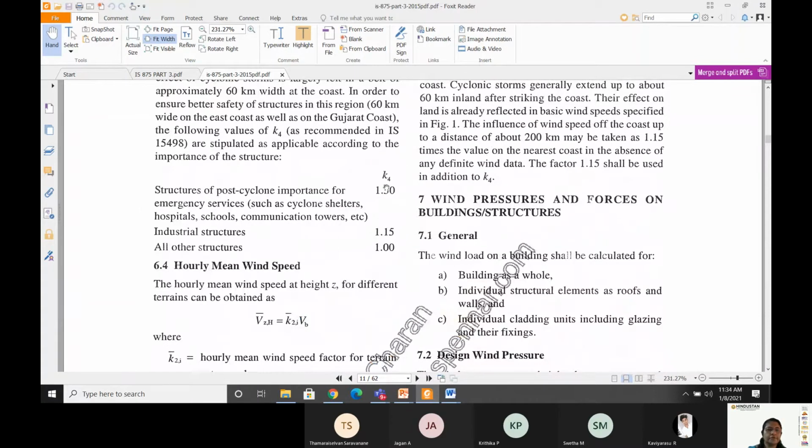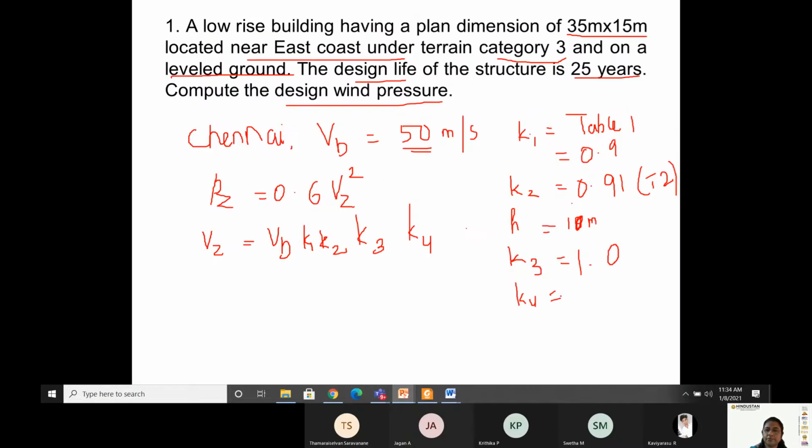The value of K4 is given as, for very important structures, 1.3. For industrial structures, it is 1.15. For all other structures, it is 1. So now your K4 value in this problem is 1. Okay. So now tell me, what is the value of Vz? Calculate and tell me what is the value of Vz.